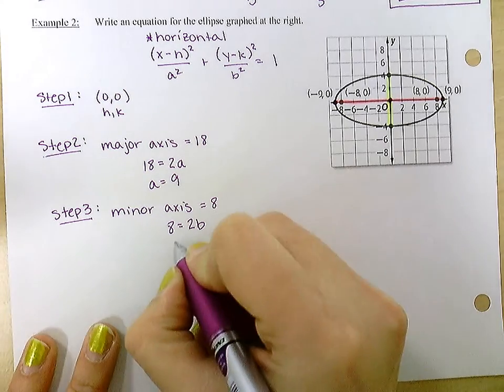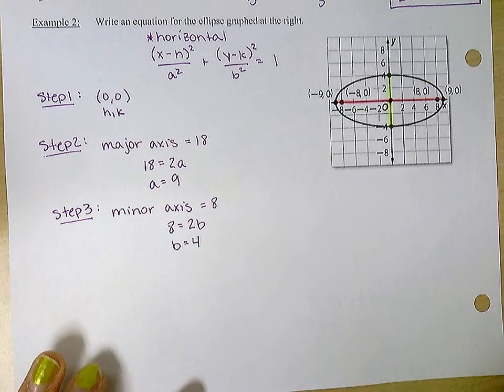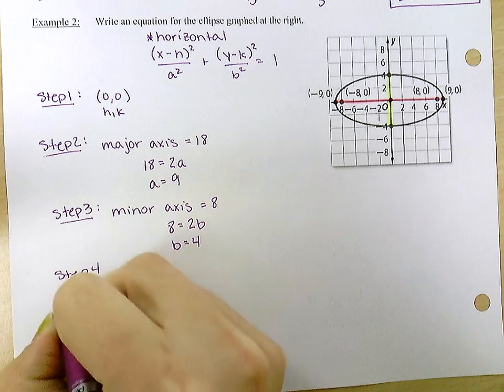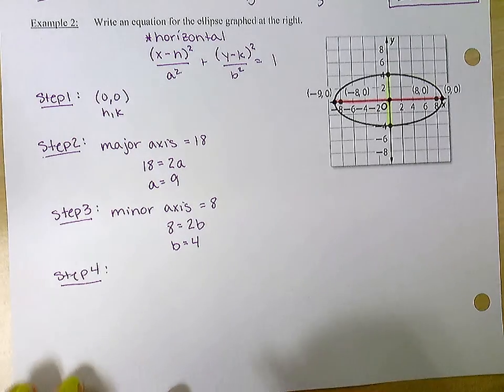Okay. Divide by 2, I get B is equal to 4. So last step here is to write out the equation of the ellipse.